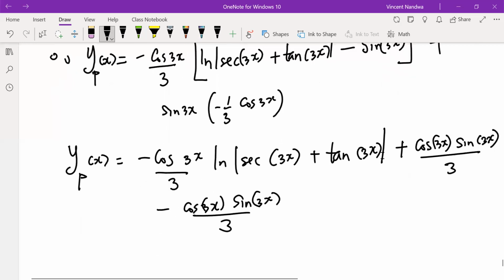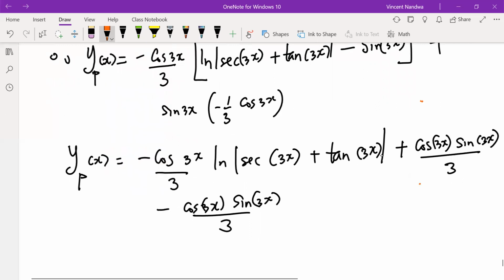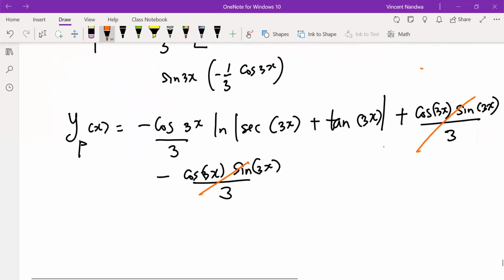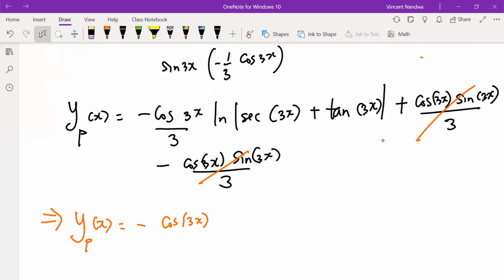And you see this term and this term cancels out. So which implies that particular solution is negative cos 3x over 3 multiplied by ln of sec 3x plus tan of 3x.